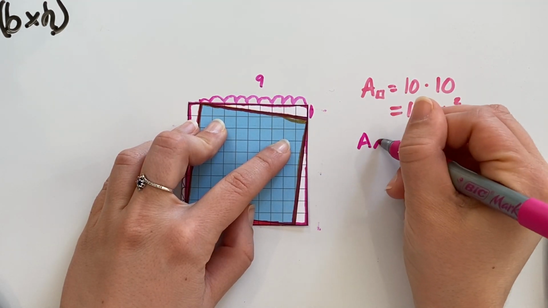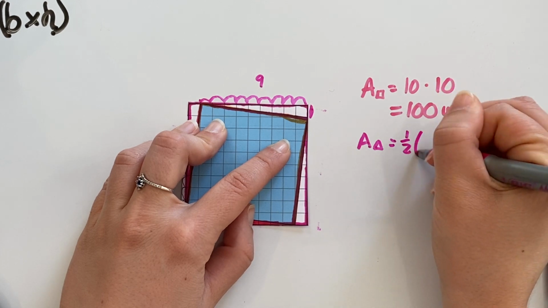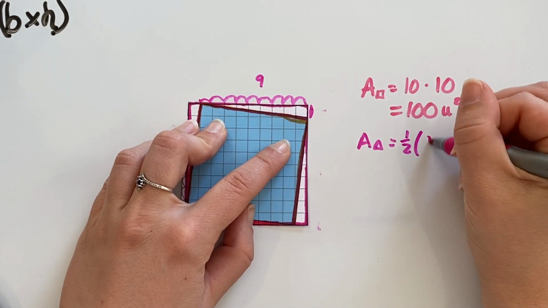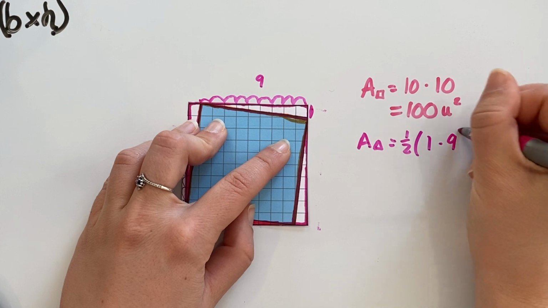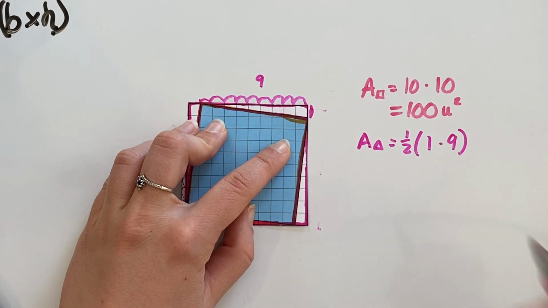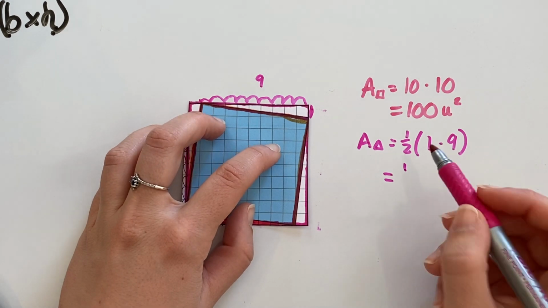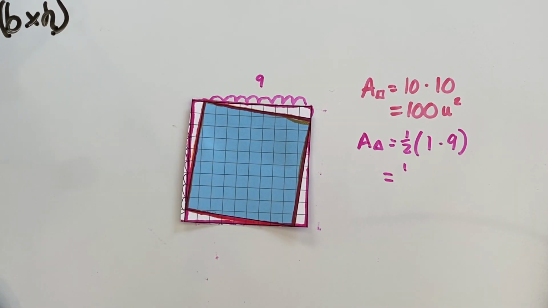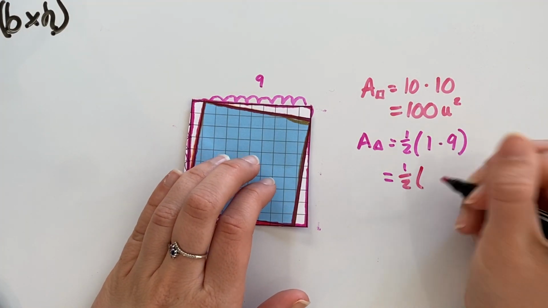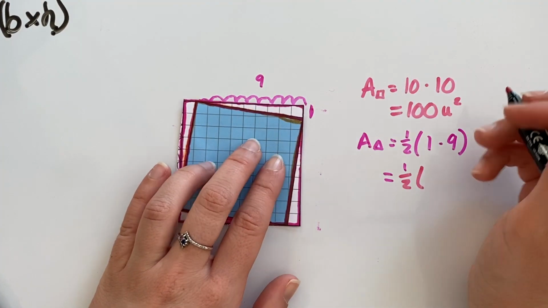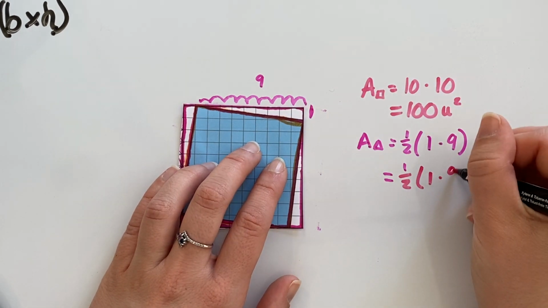So my area of my triangle equals 1/2 my base of 1, my height of 9. Okay, so then let's solve that. We'll do 1/2 my base, which is 1, my height, which is 9.